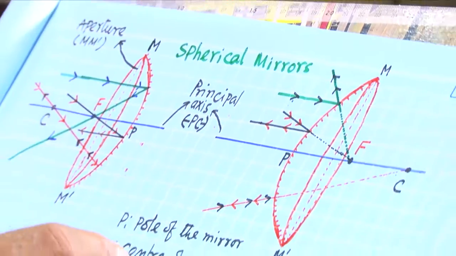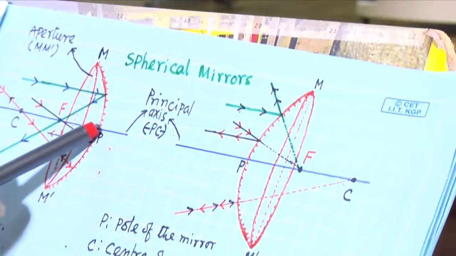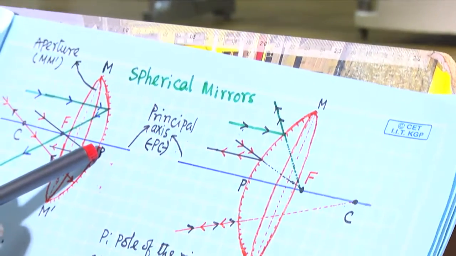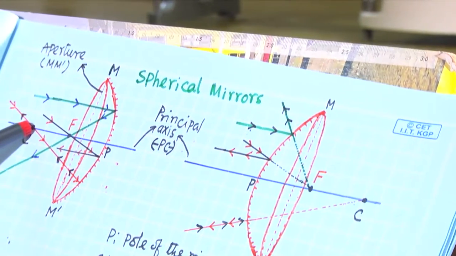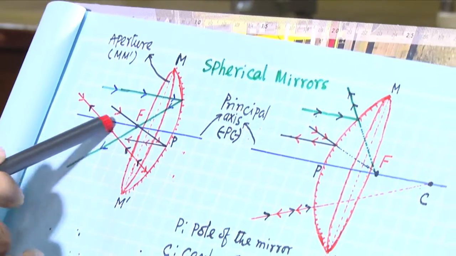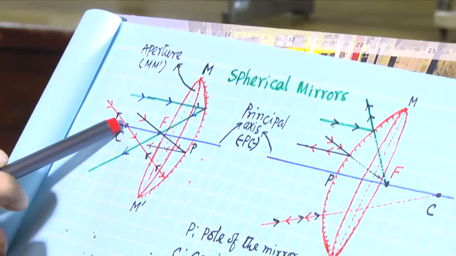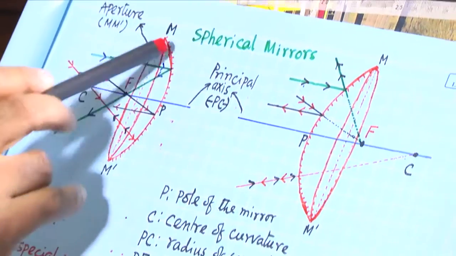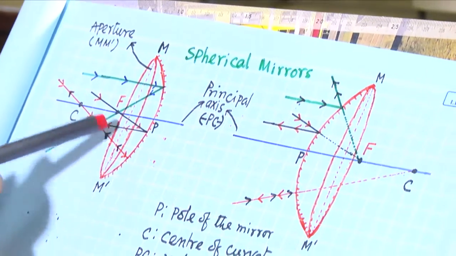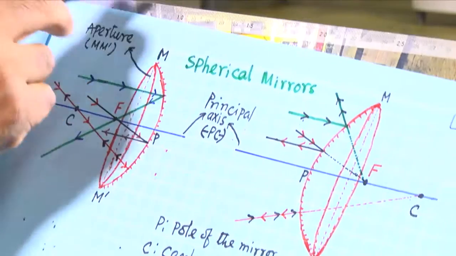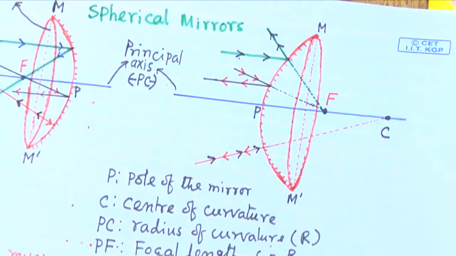This is the middle, the center of the mirror, called the pole, and C is the center of curvature. The mirror is part of a sphere, and this is the center of the sphere, right.